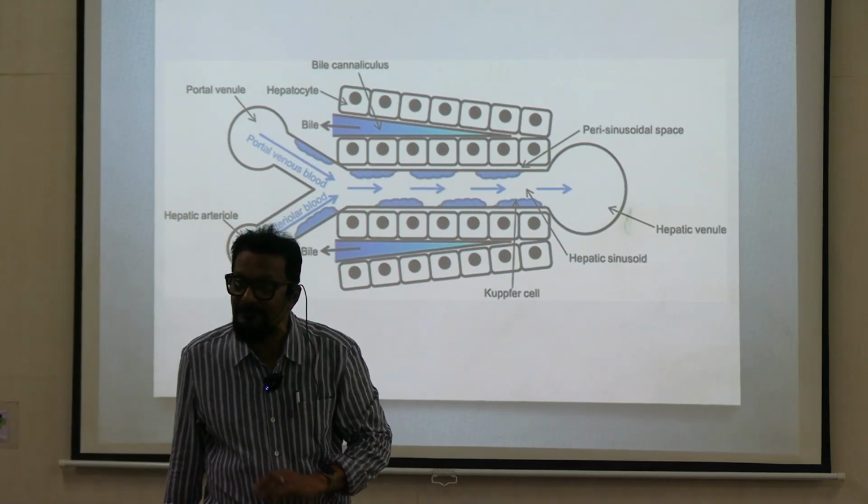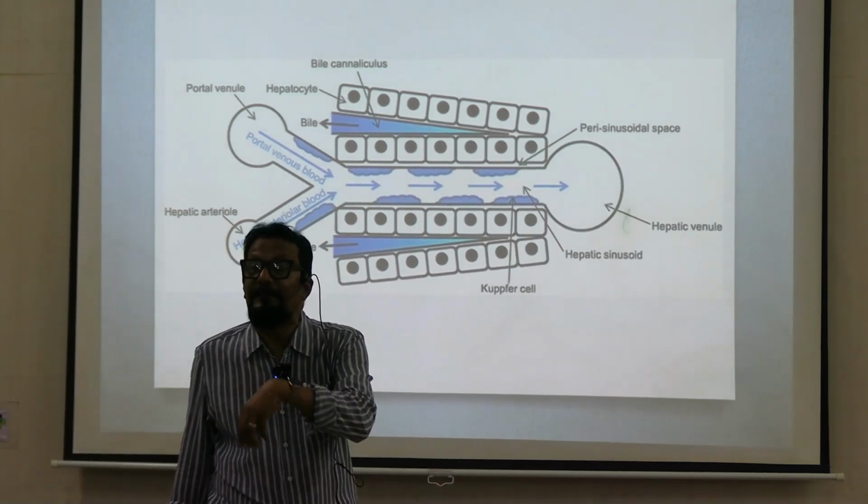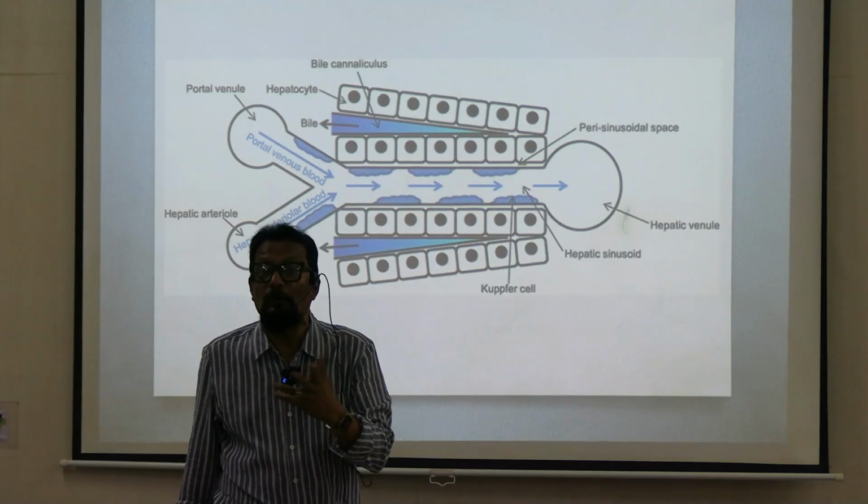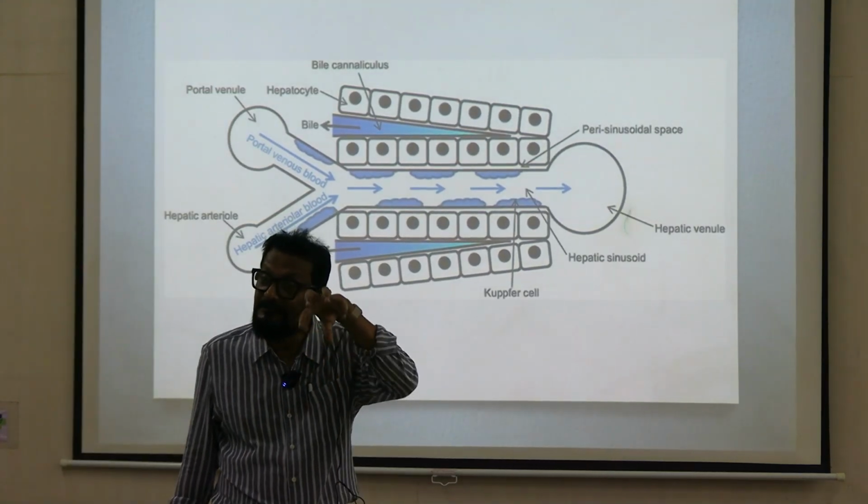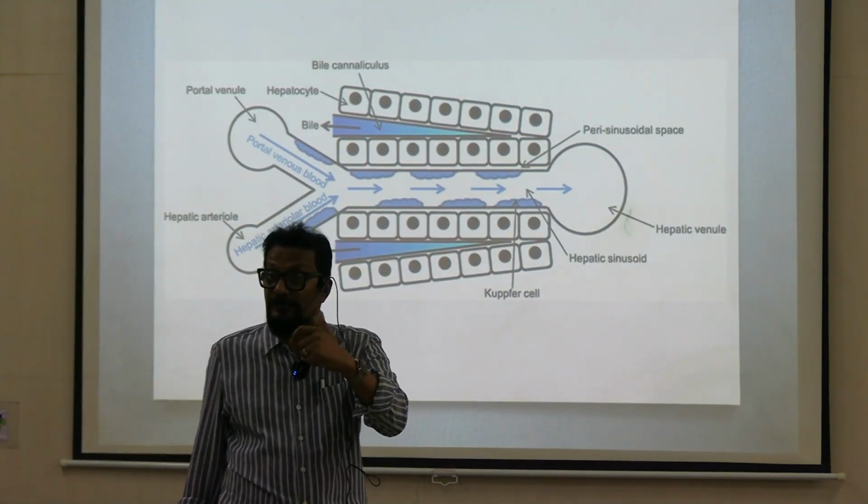If any abnormality develops here, will this conjugated bilirubin go to the bile duct? No. Can it be eliminated out of the cell? No. So it will be deposited within the cell. This is a pathological condition.